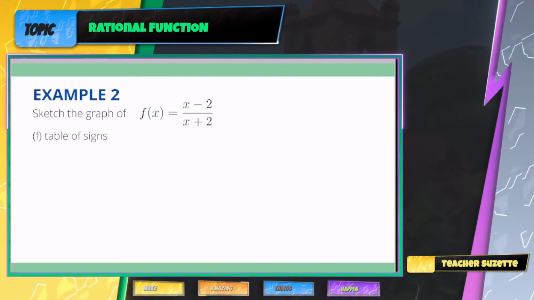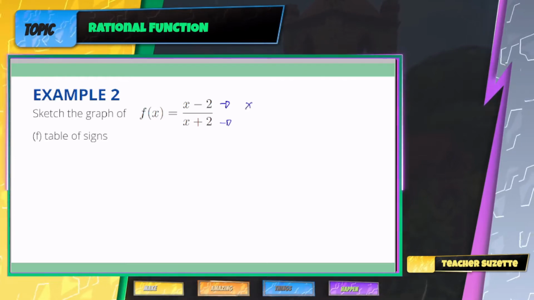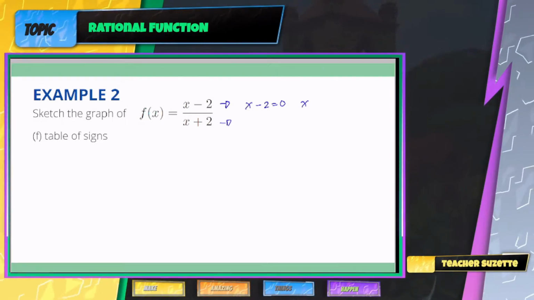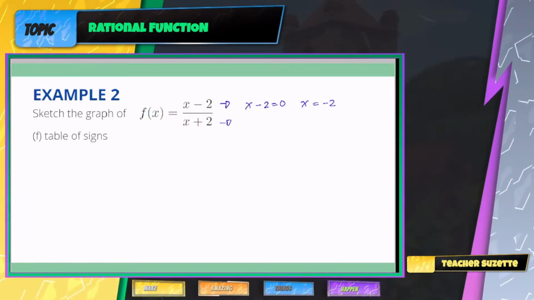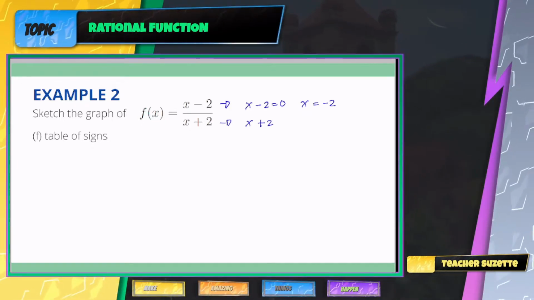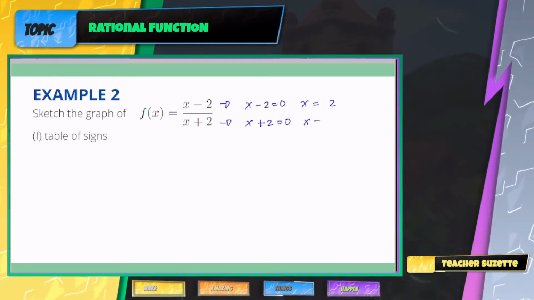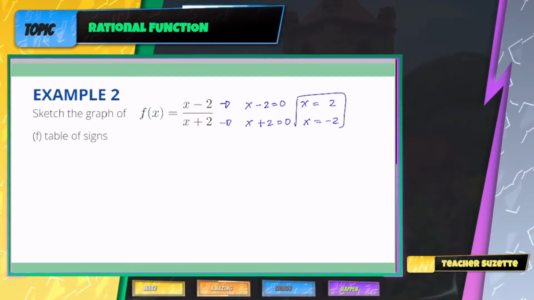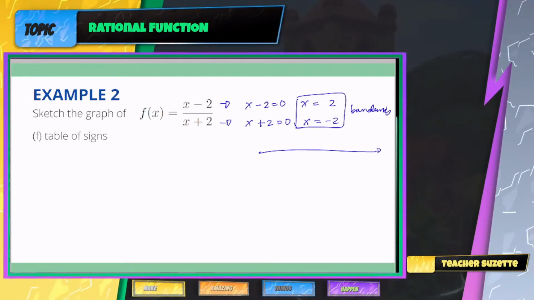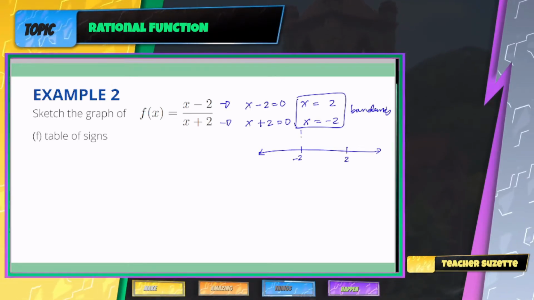We equate the numerator: x minus 2 equal to 0, so x is equal to 2. For the denominator, x plus 2 equal to 0, so x equal to negative 2. These will set our boundaries. So if we have a number line, this is our negative 2 and this is our 2. These will be our boundaries.